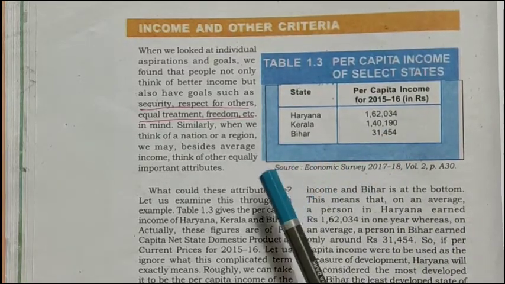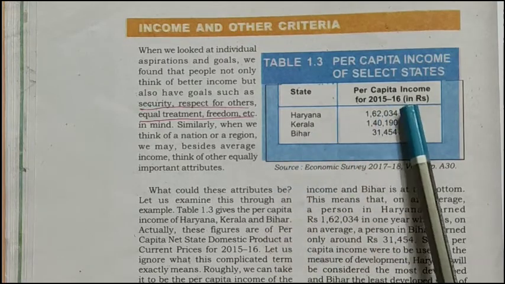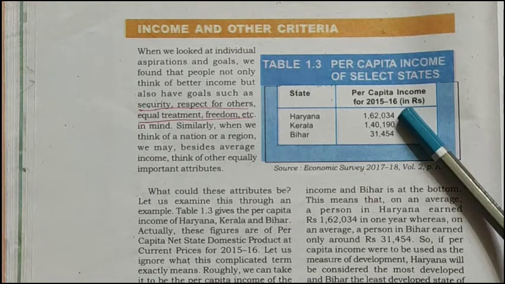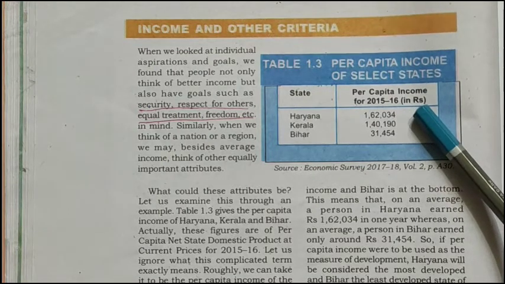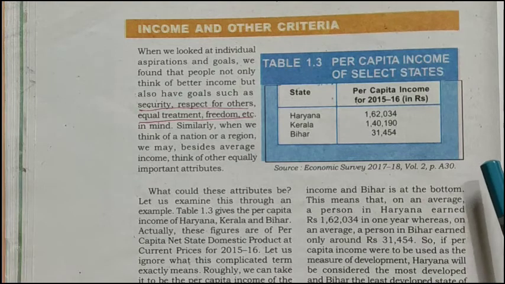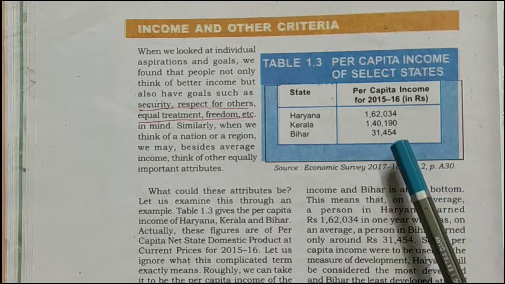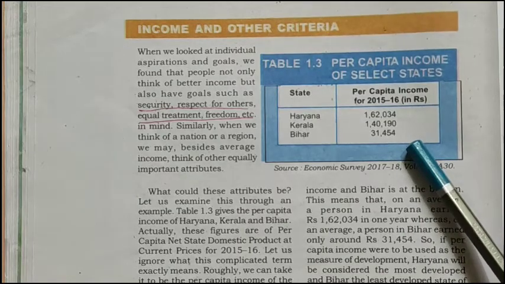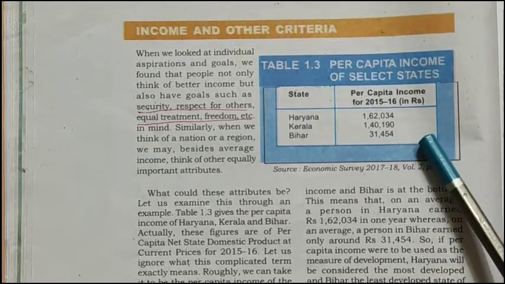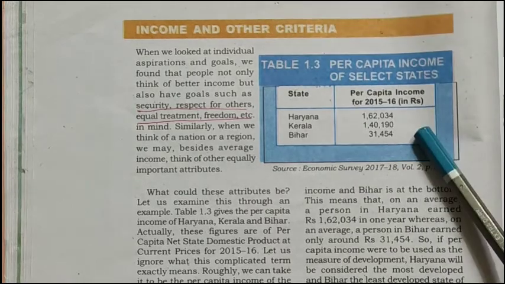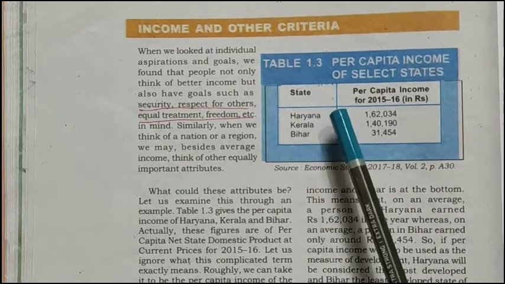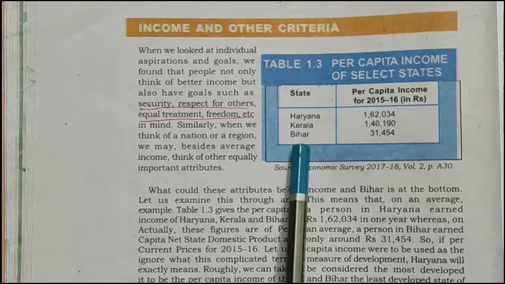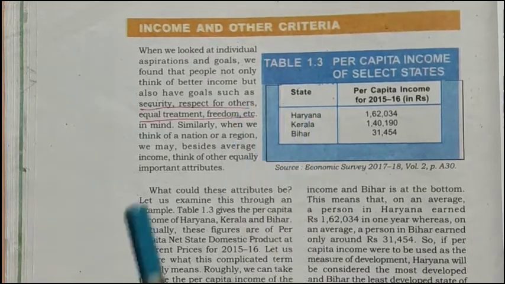This means that on average, a person in Haryana earned rupees 1,62,034 in 1 year, whereas on average a person in Bihar earned only around rupees 31,454. So if per capita income were used as the measure of development, Haryana would be considered the most developed and Bihar the least developed state out of these 3 states.